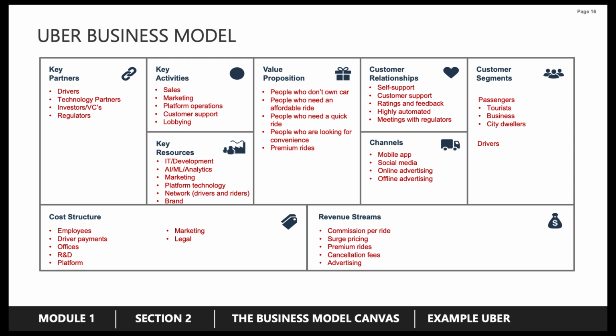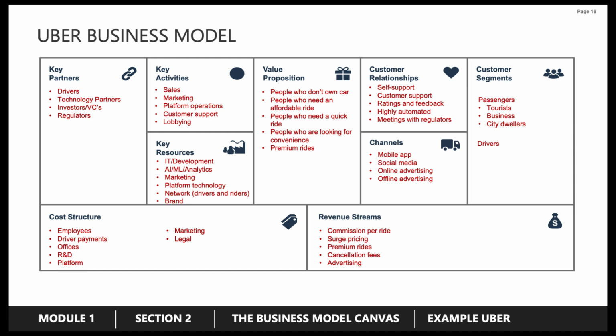They've got their marketing, so in other words, how they actually market the platform itself, and they've got the network of drivers and riders as well as their brand. So those are their key resources. And the brand is not to be underestimated. We all know about the brand Uber. That's an asset. That's a key resource.